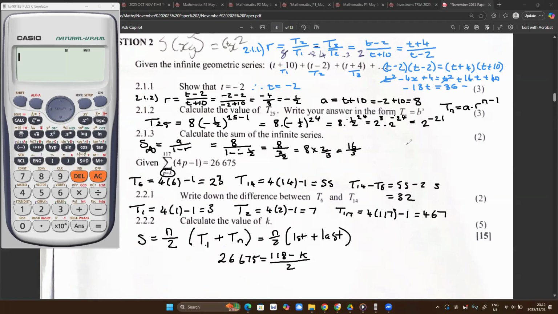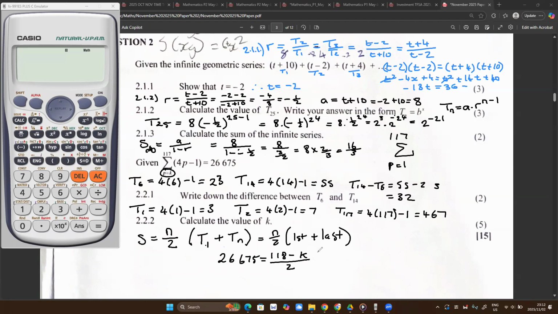In other words, if it said p is equal to 1 and 117 here, but we actually don't know when it's starting, because it's starting at k. So p is equal to k. So we need to figure out where it starts. Okay, so the first term is actually k.